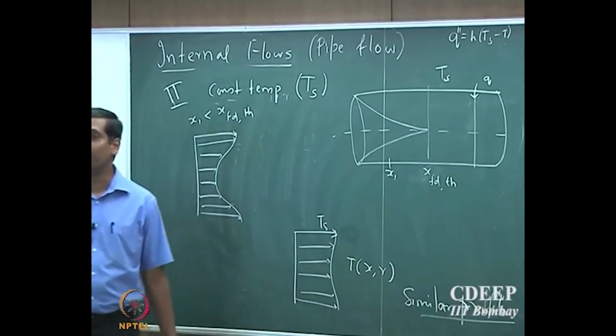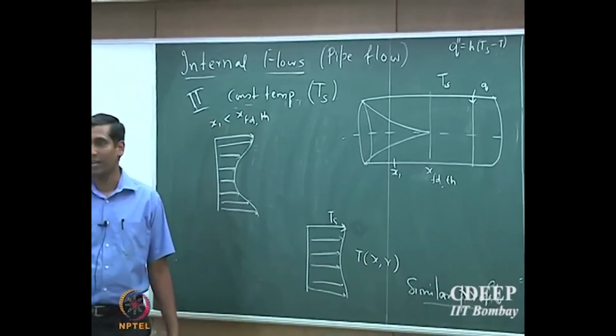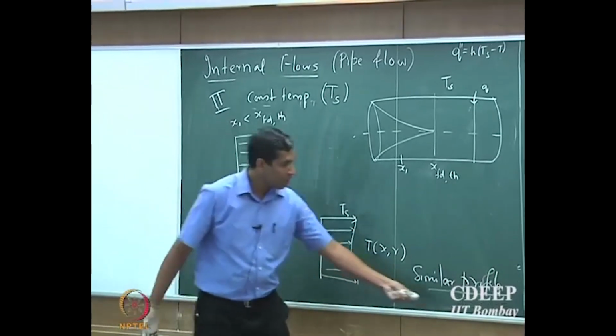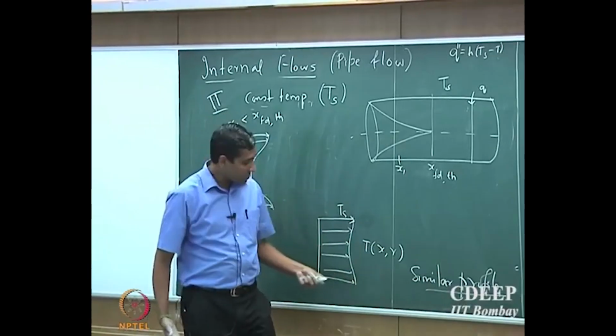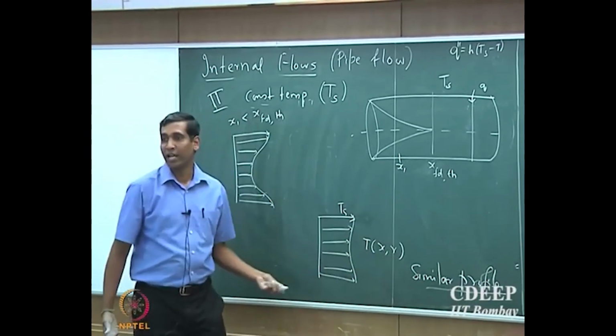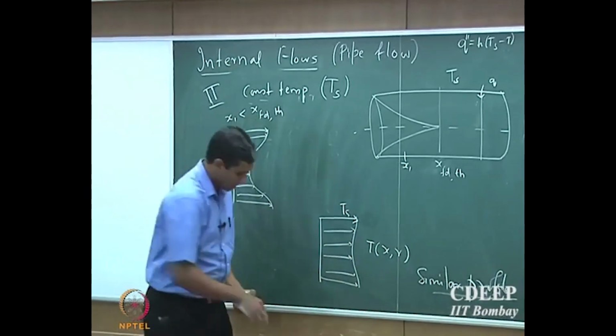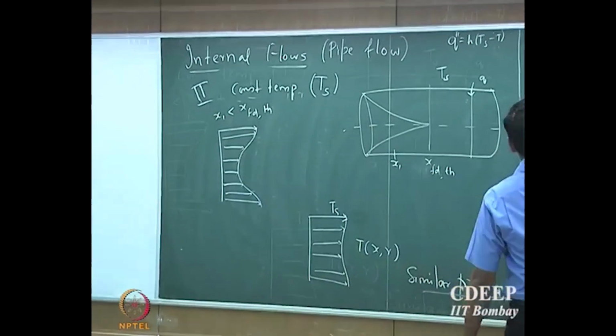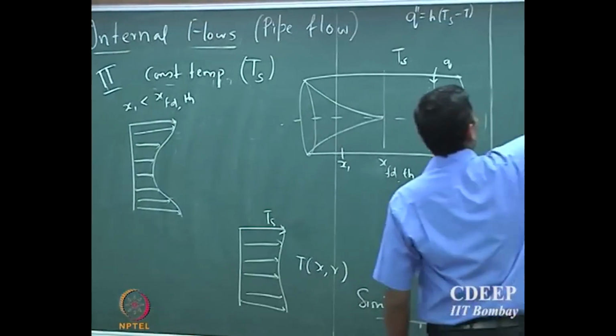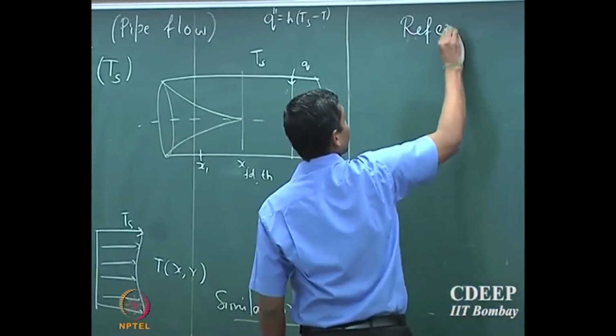This is fundamentally different from what you saw in the momentum boundary layer, but we will see that because the profile is similar, there is some intuitive way by which you can actually solve this problem. So in order to define similar profile, we need to define a reference temperature.